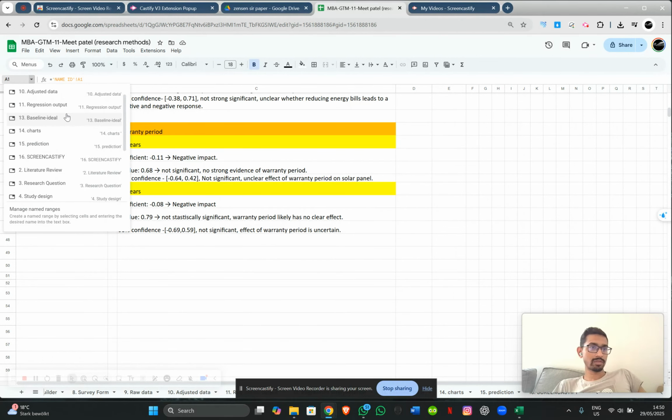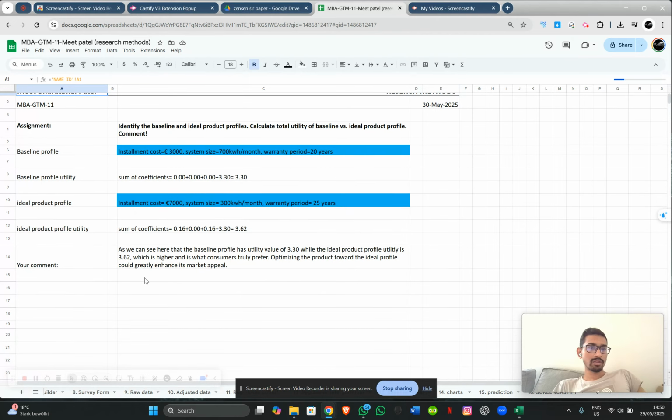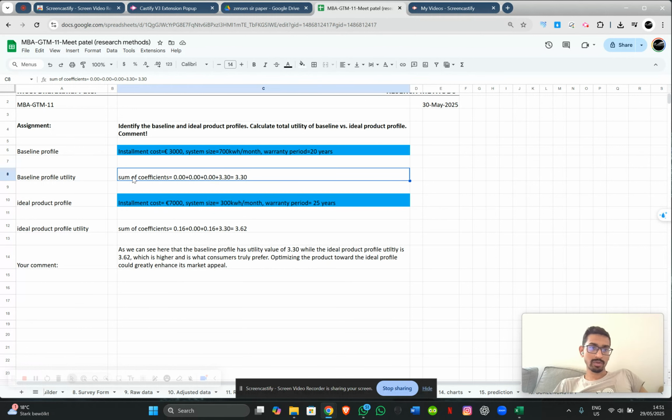Let's go to slide 13. Here I calculate the total utility of a baseline versus an ideal product profile. My baseline profile has installation cost of 3,000, system size of 700 kWh per month, and warranty period of 20 years. The total coefficient is 3.30. For the ideal profile I choose 7,000, system size of 300, and warranty period of 25 years.